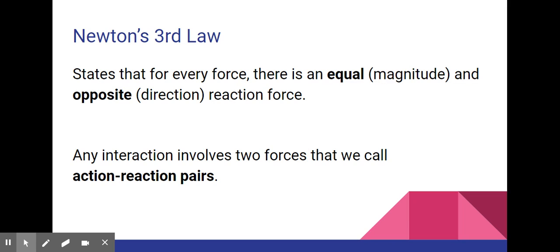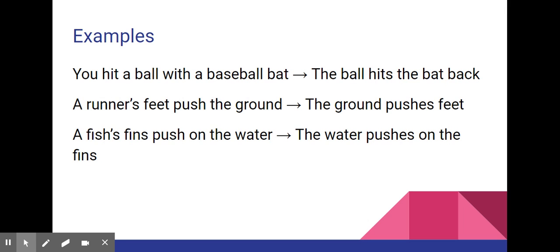So, Newton's third law states that for every force, there's an equal magnitude and opposite direction reaction force. Any interaction involves two forces that we call action-reaction pairs. So, for example, you hit a ball with a baseball bat, the ball hits the bat back. A runner's feet push against the ground, the ground pushes back on their feet.